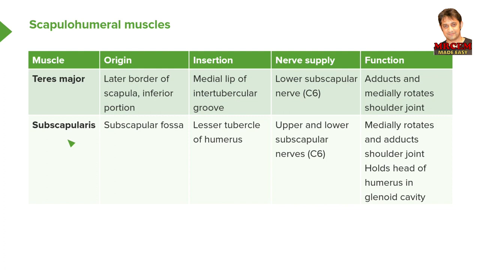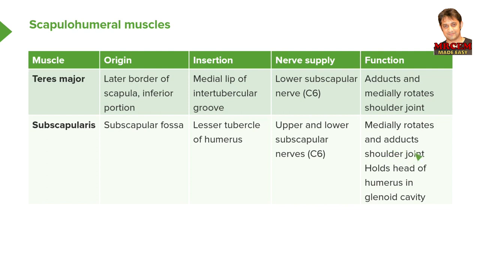Subscapularis is coming from the subscapular fossa. It's running to the lesser tubercle. So where the other 3 rotator cuff muscles are running to the greater tubercle, this runs to the lesser tubercle of the humerus. Innervated via upper and lower subscapular nerves, it's important in medially rotating and adducting the shoulder joint.